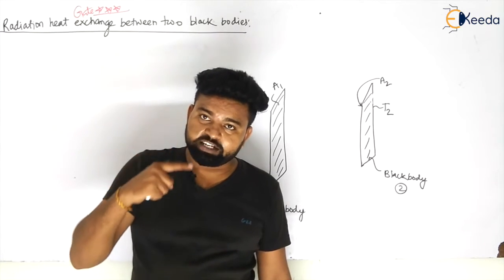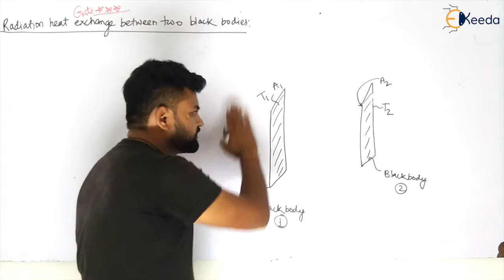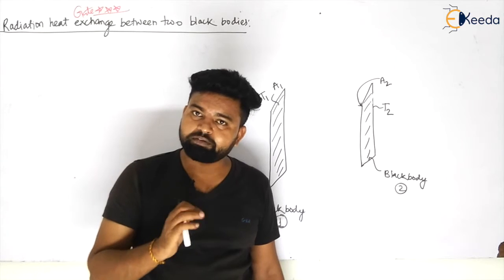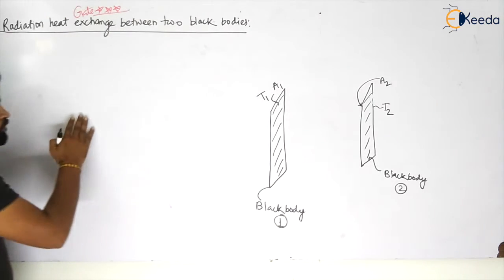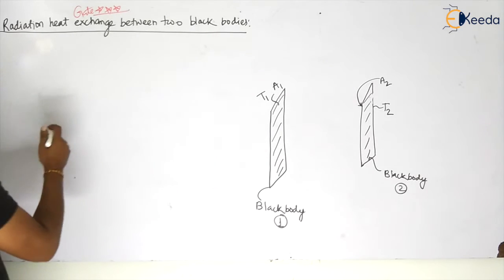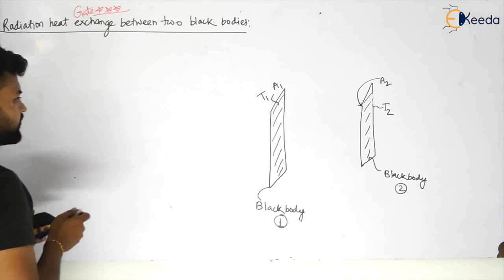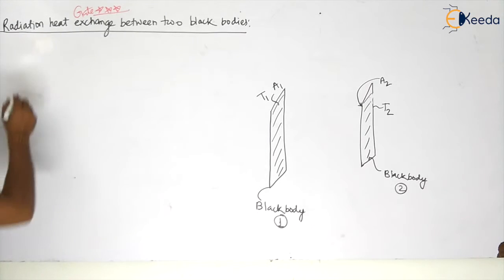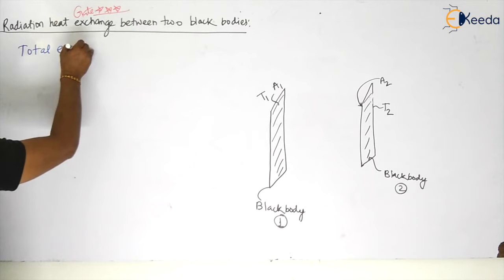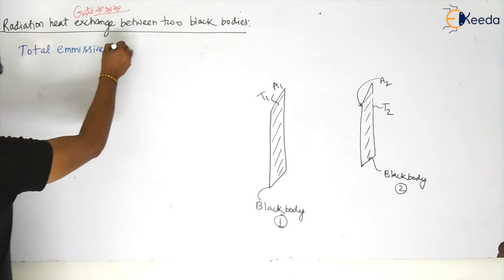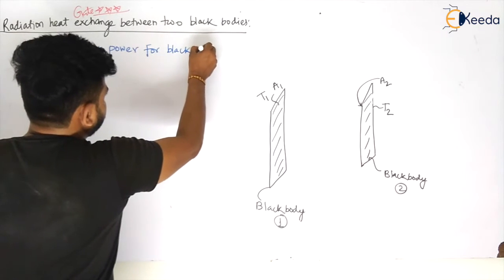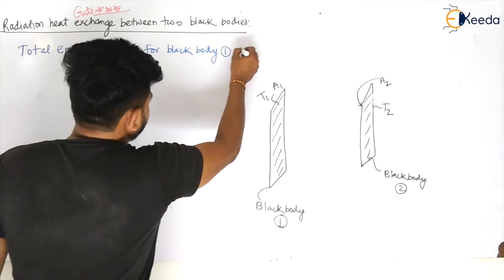Okay, now let us understand carefully what is happening. So body 1, if I analyze only body 1, let us focus on this body only. This body will emit some radiation. So can I have the total emissive power of body 1? Yes, I can have the total emissive power of the black body 1, my dear student. So the total emissive power for black body 1 is given by what, my dear students?